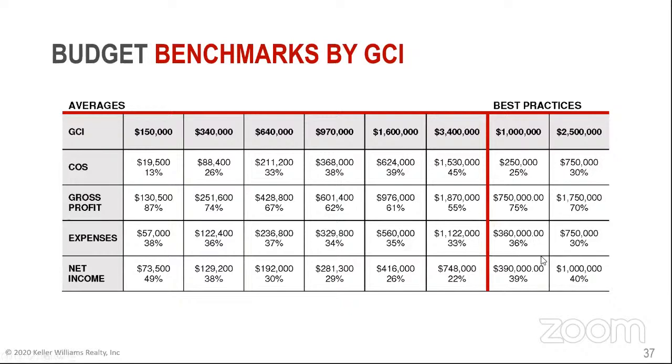And these are just the best practices. You'll see that these numbers and these percentages change a little bit. However, something that you'll see for every one of these different GCI categories is that the expenses are all going to be around that 30%.